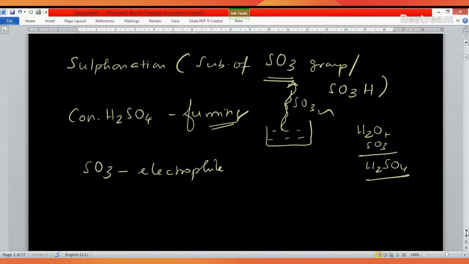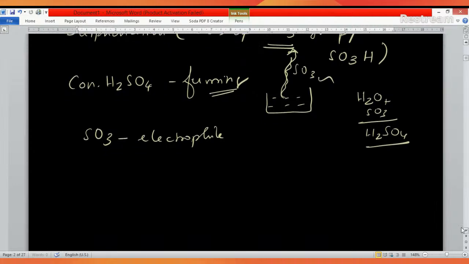And even when you take a diluted form of the acid, HO-SO3H, due to the heterolytic cleavage, the oxygen takes up the pair of electrons so that we can have OH minus and SO3H plus.